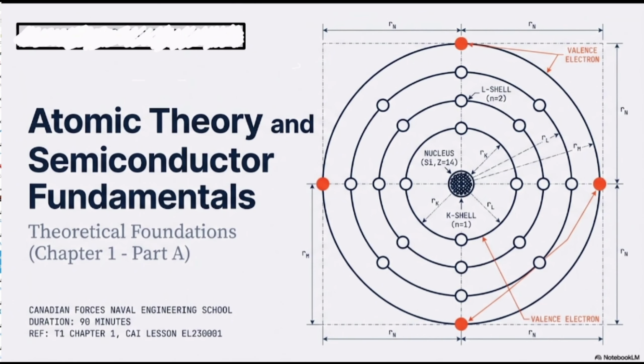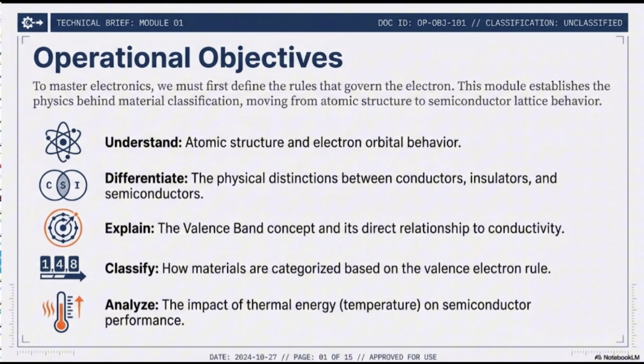So, as you can see over here, at this point, we are going to talk about the atomic side, the atomic theory, and semiconductor fundamentals. The semiconductor is a very important fundamental part of each electronic aspect. So, the other objectives that we have for this course are that we would like to master specific things.